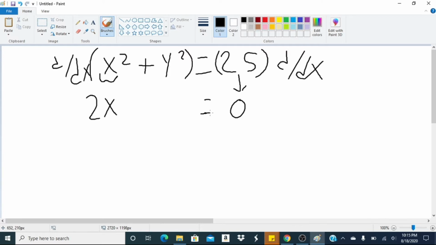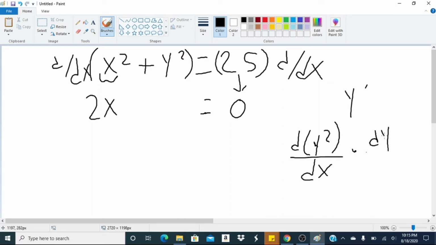Now with the y squared here, it's a bit more fascinating. What we are trying to derive for an implicit differentiation is the y prime. And so the y squared, we're going to derive it using the chain rule, as that will give us the y prime itself. So we are going to find the derivative of y squared itself and then multiply that by y prime, which is referred to as dy dx.